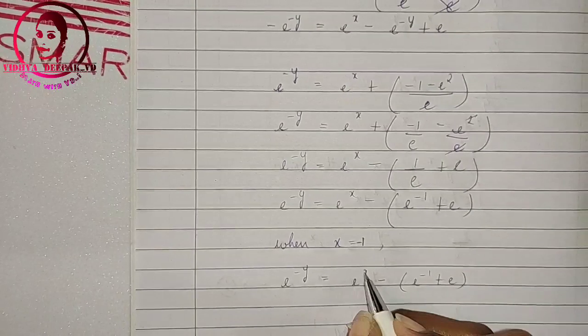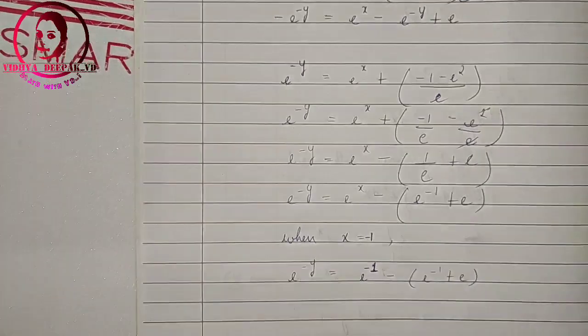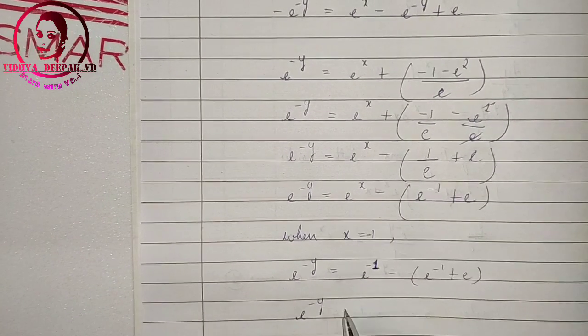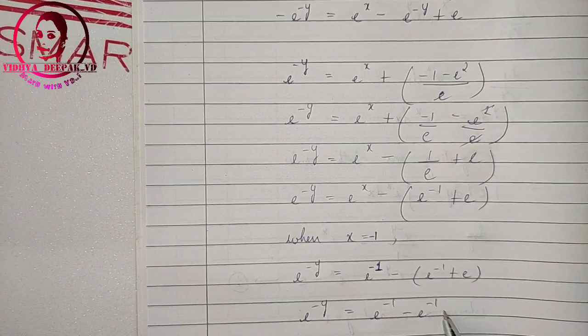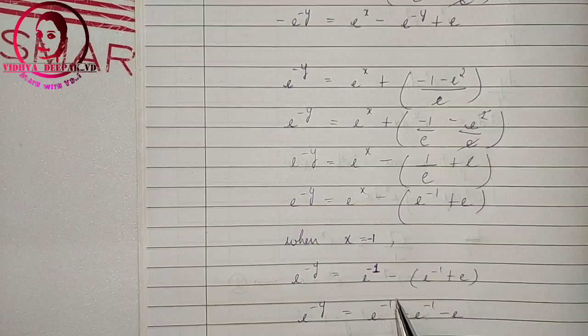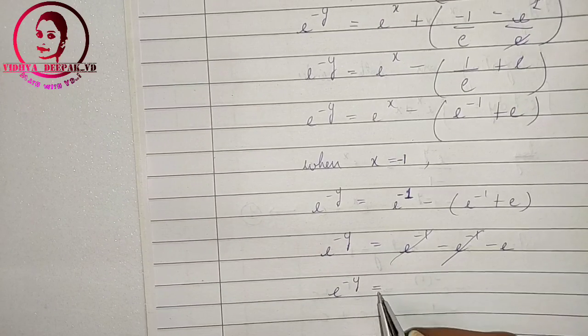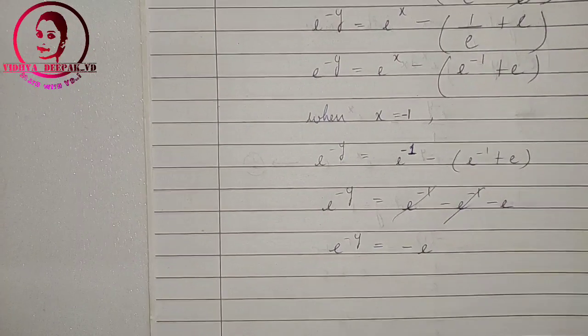So in the place of x, we are substituting minus 1, right? Now simplifying this, what do I get? e to the power of minus y is equal to e to the power of minus 1 minus e to the power of minus 1 minus e. So here plus e to the power of minus 1 minus e to the power of minus 1 gets cancelled. Now we have e to the power of minus y is equal to minus e, right?